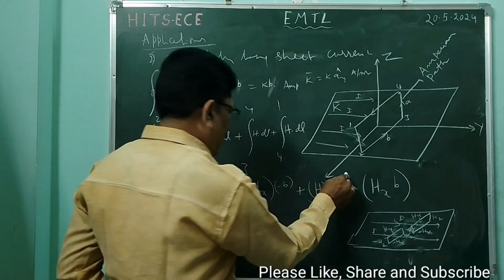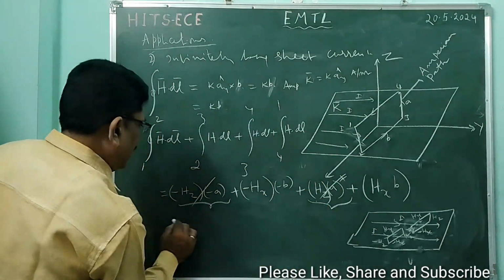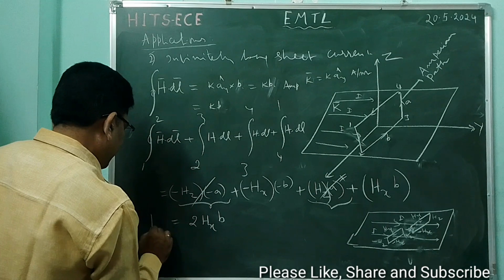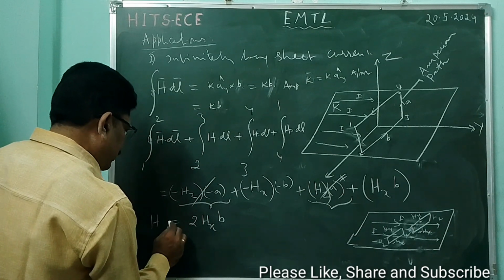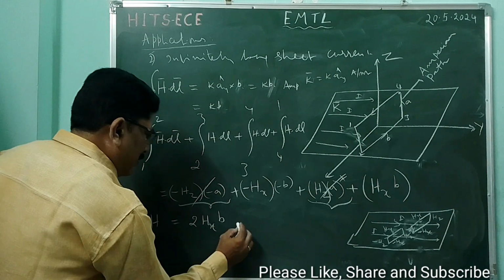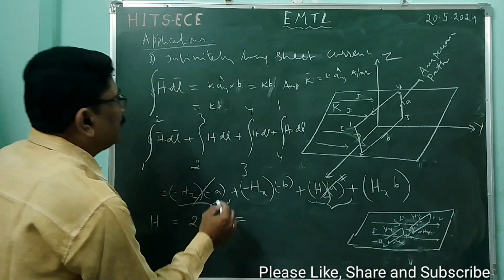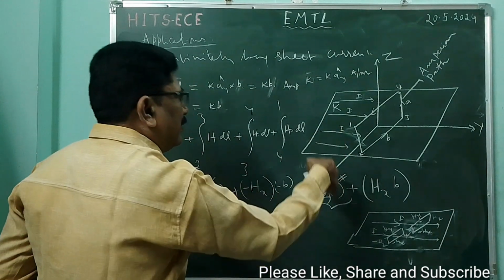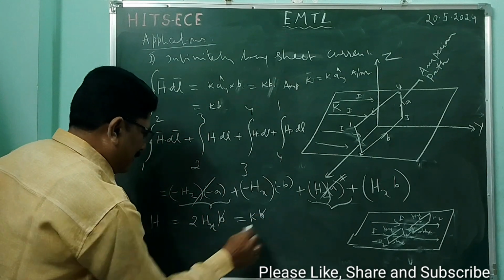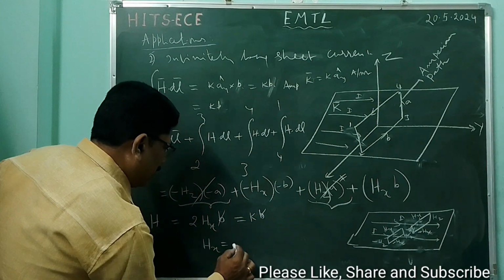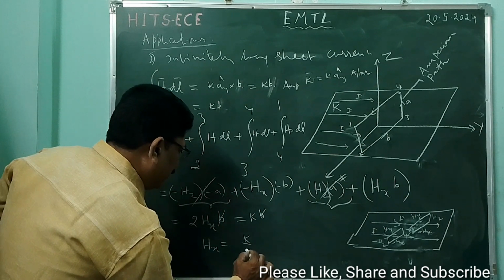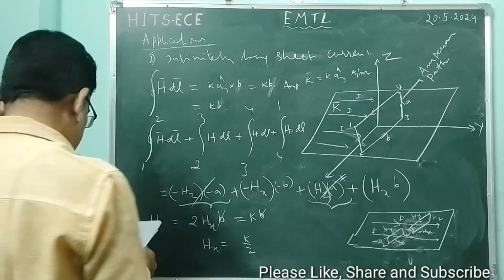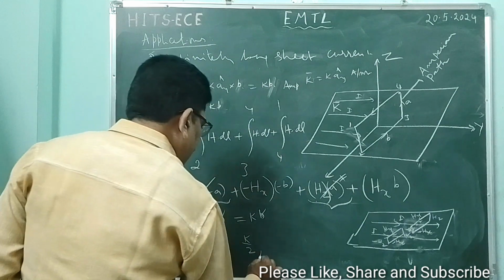So this one and this one will go off. We'll get 2Hx B, which is equal to KB. KB is the current which is enclosed by the rectangular path. B and this B will get cancelled. So Hx is equal to K by 2. Okay.